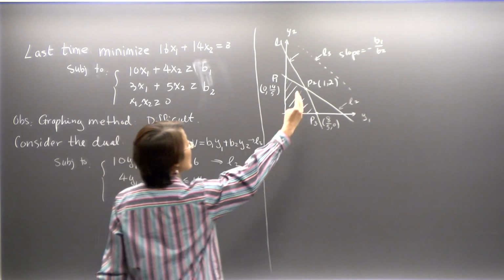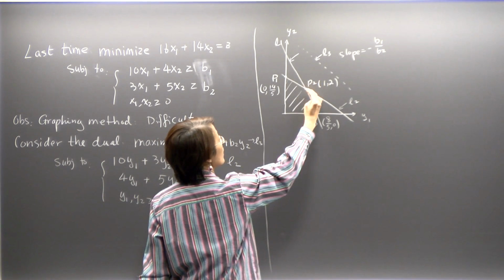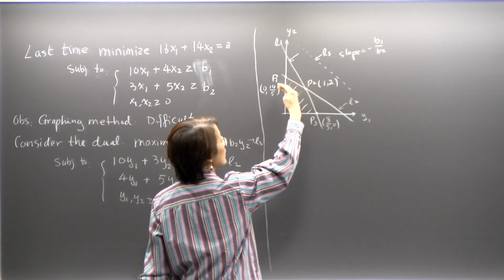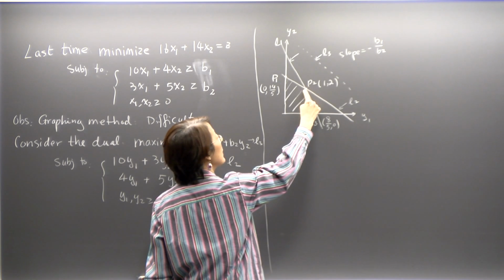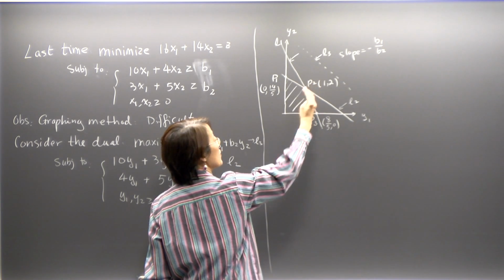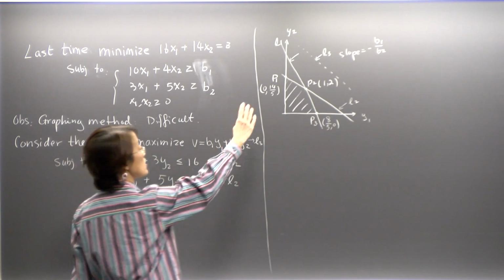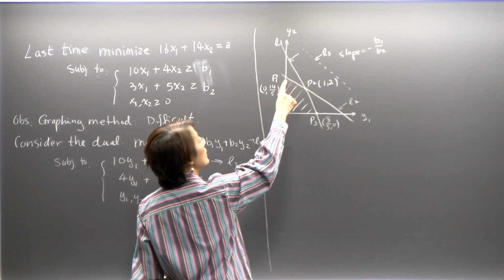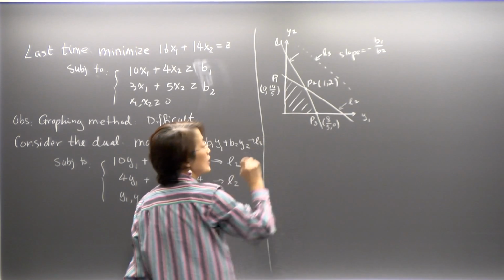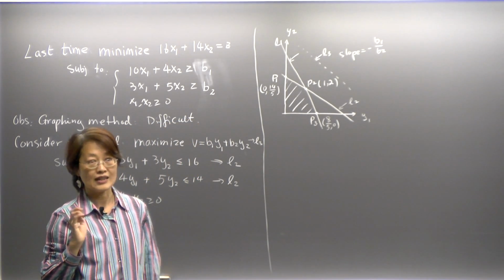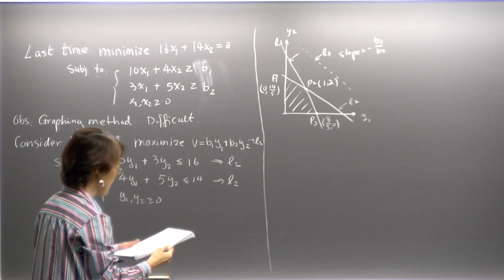So as I come down, it becomes smaller and smaller. When it touches the feasible region for the first time, that will be the maximum value, because if I move further, it becomes even smaller, right? So depending on that slope, I might hit this point, or this point, or that point first. Is that clear? It's more or less the same as last time.